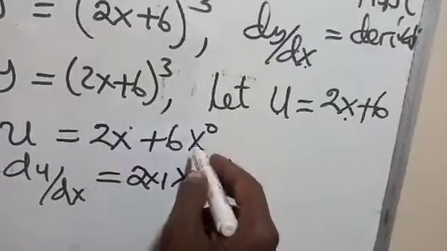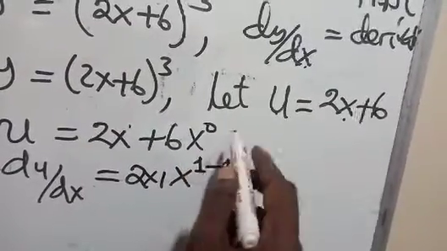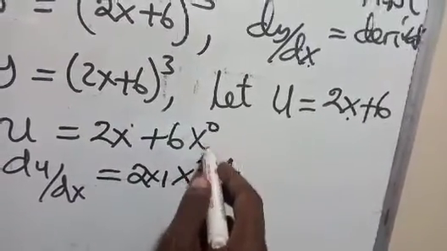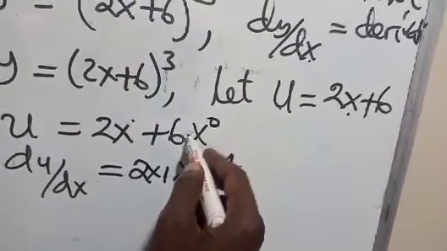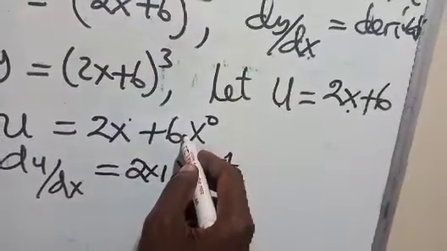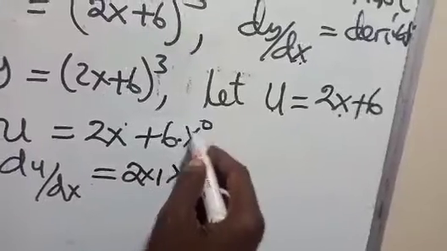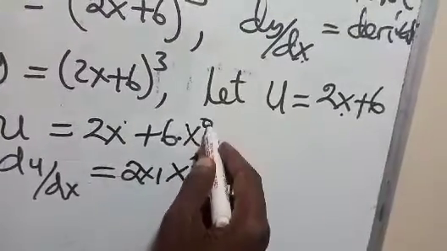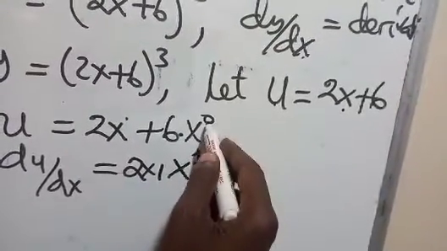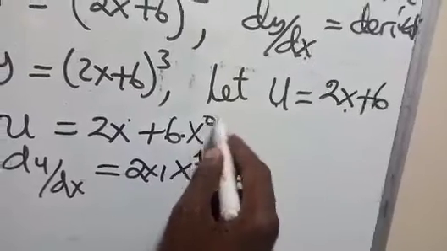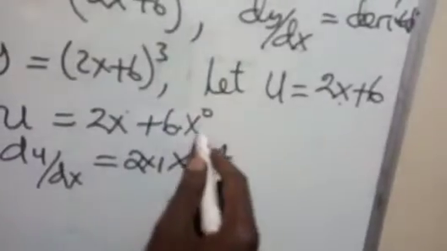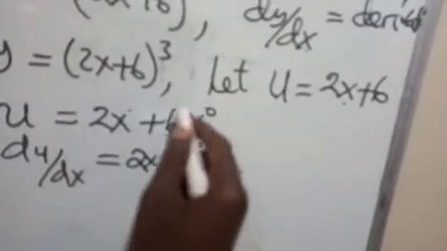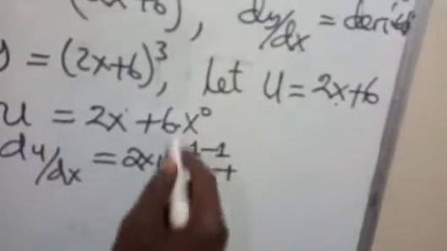When we use the general formula of differentiation, this 0 will be dropped up to here, then we multiply by 6, and then this 0 as an exponent will be reduced by 1. So by that case, we will get the value of this term to be 0.